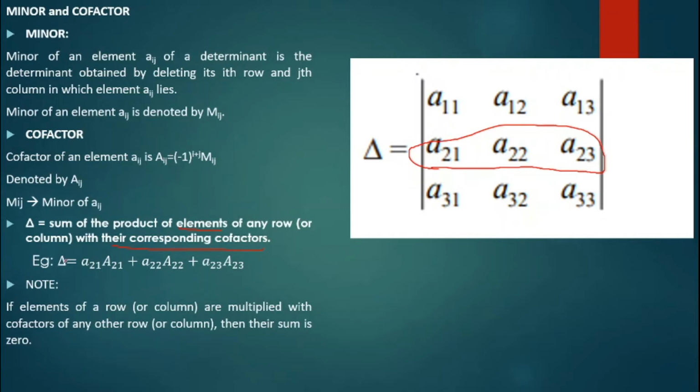So a21 into A21 plus a22 into A22 plus a23 into A23. Corresponding means which element you are taking, that element's cofactor. That product you are taking, and when you sum up all, you'll get the determinant value. In a simple way, you have expanded along the second row and found the value.